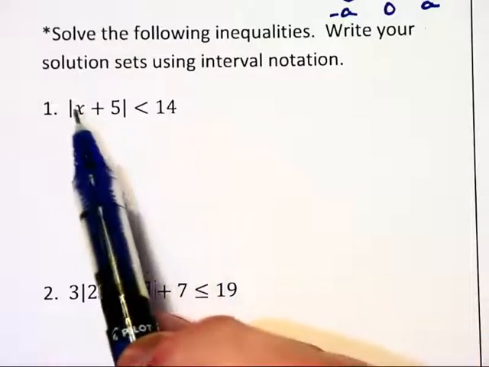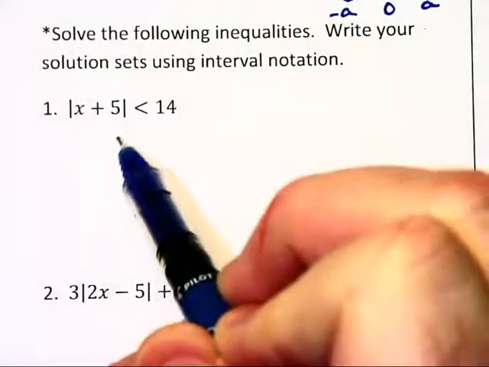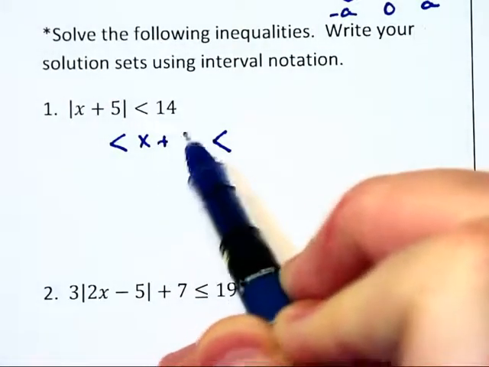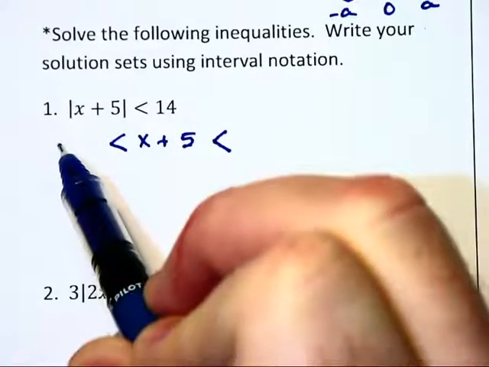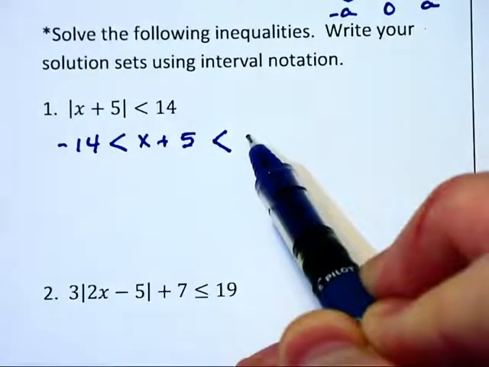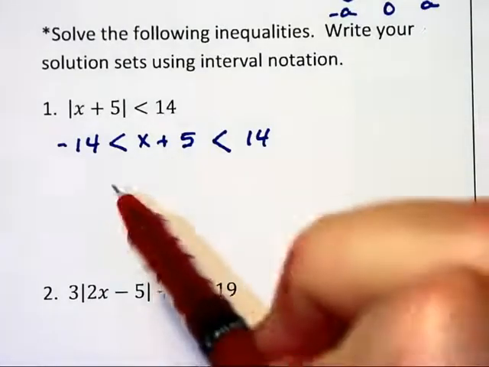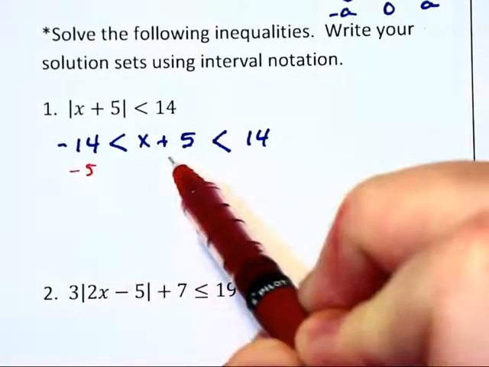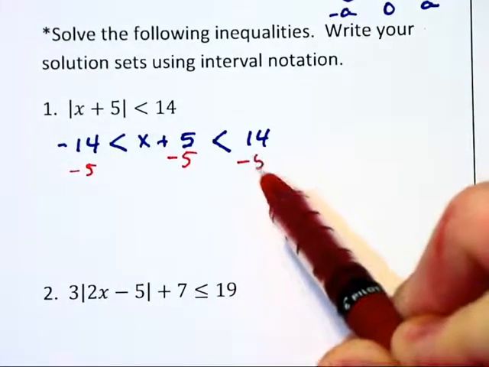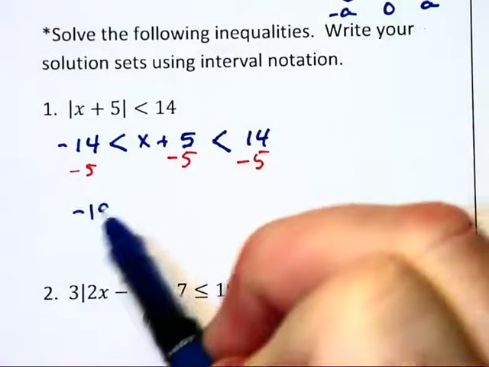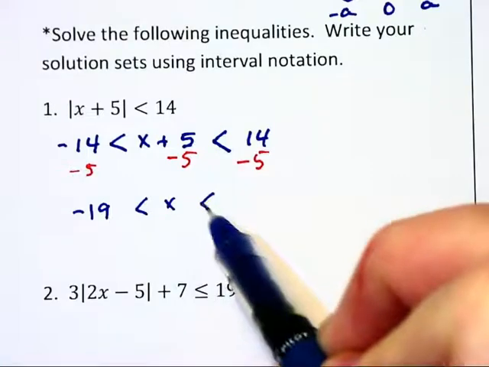But if you say, absolute value less than creates this compound inequality where x plus 5 is in the center, and it gets separated between negative a and positive a, or in this case, negative 14 and positive 14, there you have successfully removed the absolute value, created a compound inequality, and now you can just solve it by subtracting 5 from the left, middle, and right, and that will give us negative 19 is less than x is less than 9.